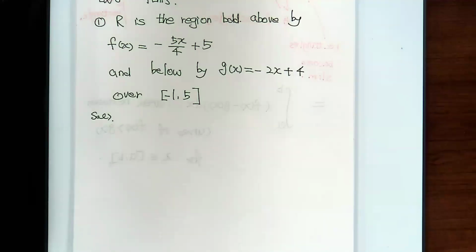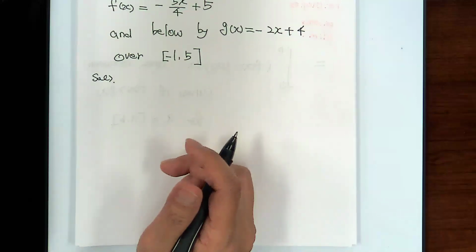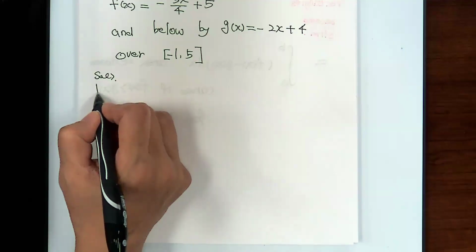So in the problem, it says R is the region bounded above by f and bounded below by g over minus 1 to 5. So we have two possibilities.